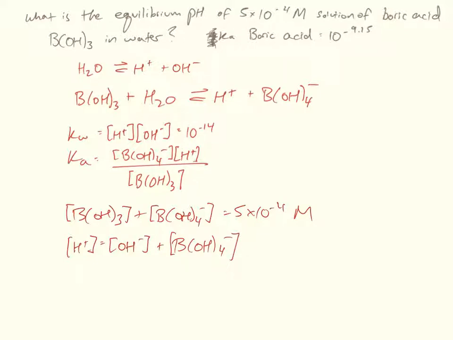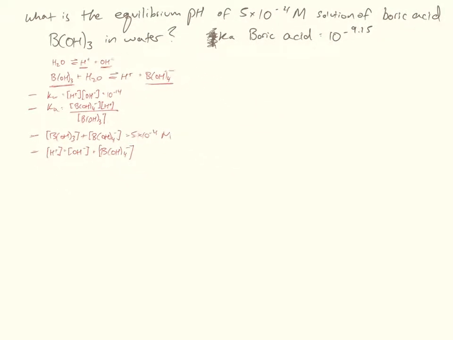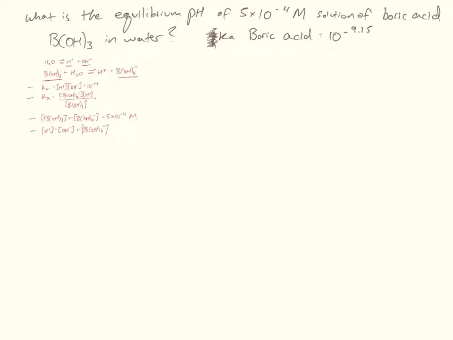So those are our 4 equations. We have this one, this one, this one, and this one. We have 4 unknowns: H plus, OH minus, BOH4 minus, BOH3. So we should be able to solve this.